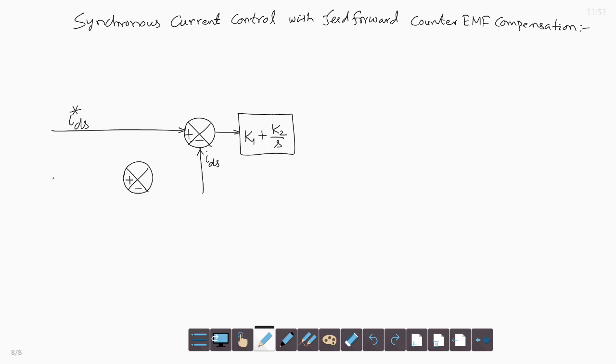Then we have that command torque component of the current IQS star. IQS is subtracted from it, and passes through a PI controller, same.